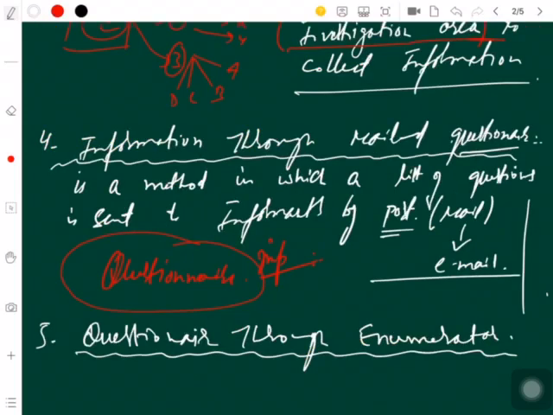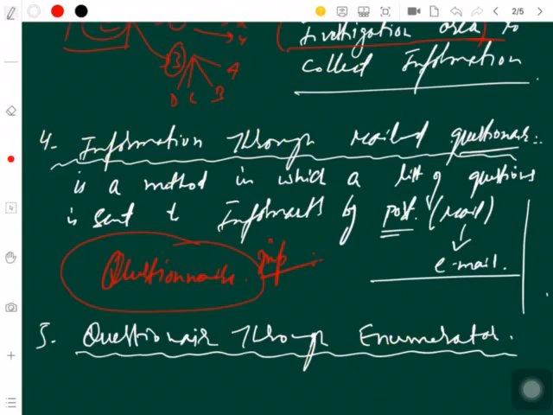In the questionnaire method, the investigators are sent to informants who are going to give you the information, along with a questionnaire, which is filled by the investigator himself, or maybe the informant himself, it doesn't matter, because it is one process, done hand to hand.